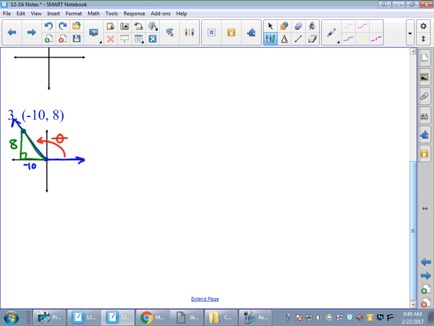I went up 8, and I've got to find my R value. I'm going to use this little acute angle formed with the x-axis and my terminal side to write my trig values. So 8 squared plus negative 10 squared is equal to R squared. That's 64 plus 100 is equal to R squared, 164.